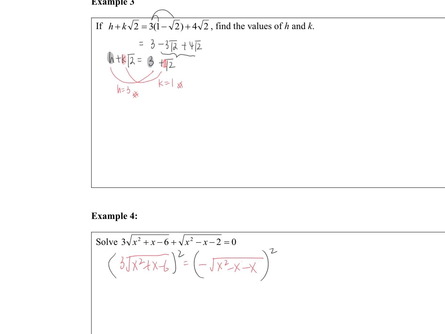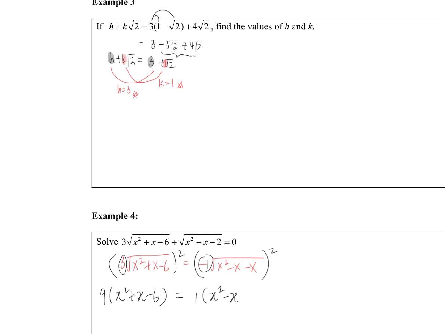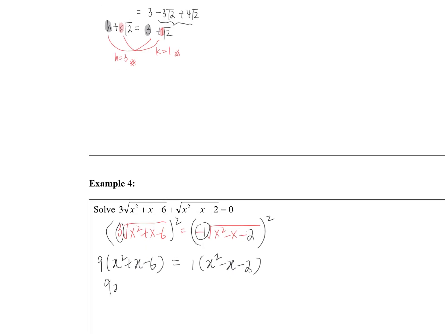When you square both sides, the 3 you got to square it, the square root disappears. The minus 1 you got to square it, and then the square root disappears. So simplify everything.